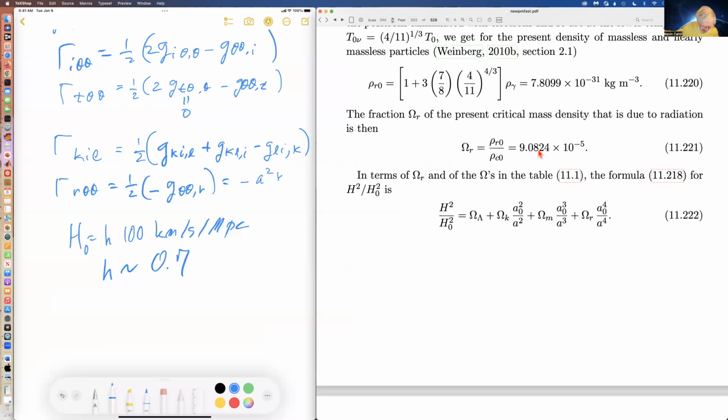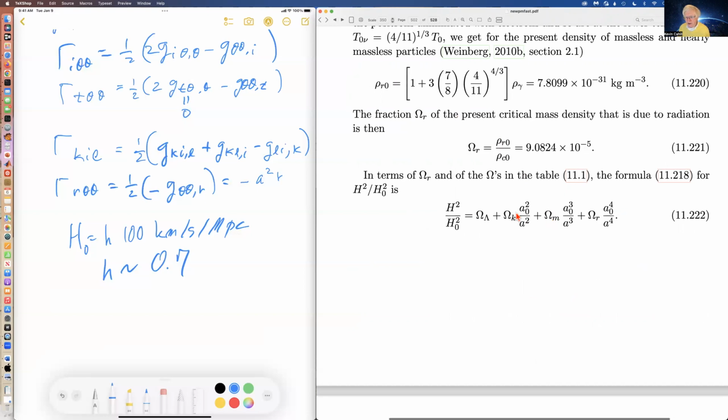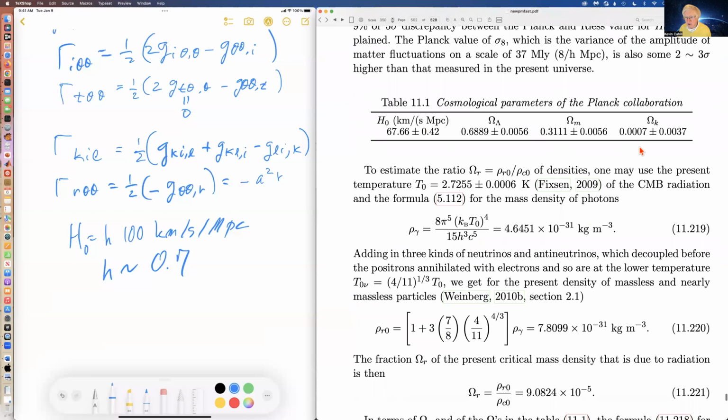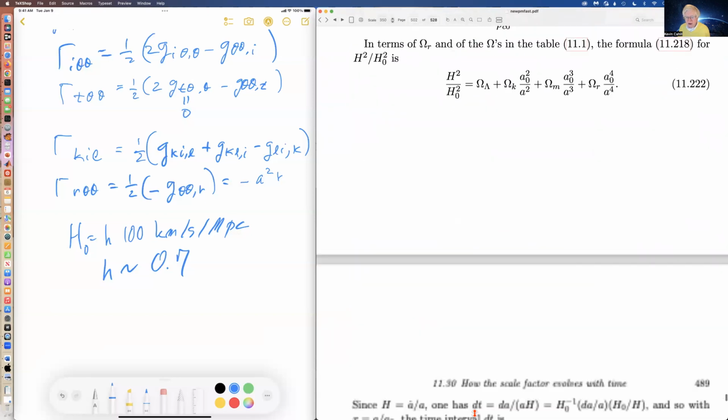Well, again, there could be other massless particles that we don't know about. So there could be another factor here. But doing the best we can, we put in our value for dark matter. We put in a tiny value that could be basically ignored, and then we put in our value omega lambda, all coming from over here.